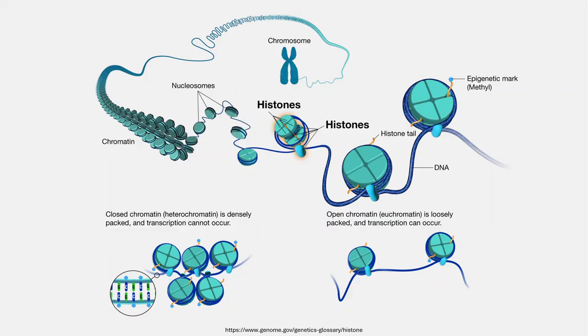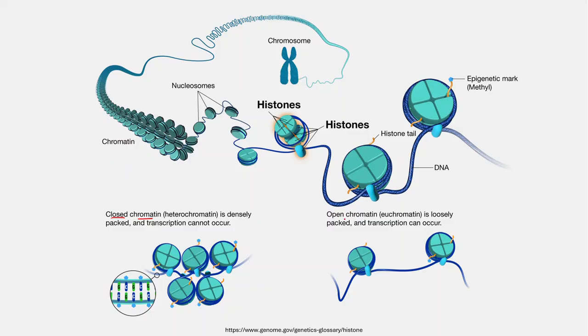So if we look at this, your histones can be either tightly wound around the DNA, which is this closed chromatin or heterochromatin. This type of chromatin you're not able to readily access and read. So that's going to be some DNA that's not going to be read easily. You're not going to have transcription occur there.